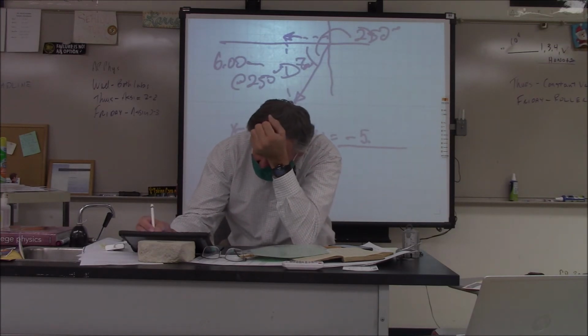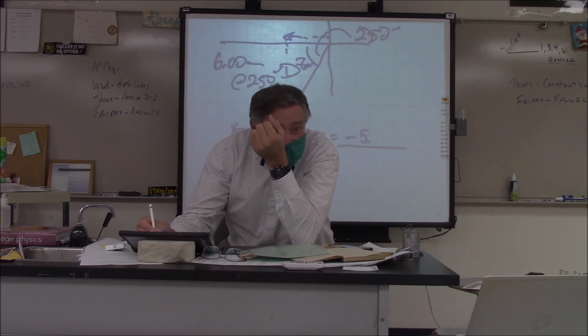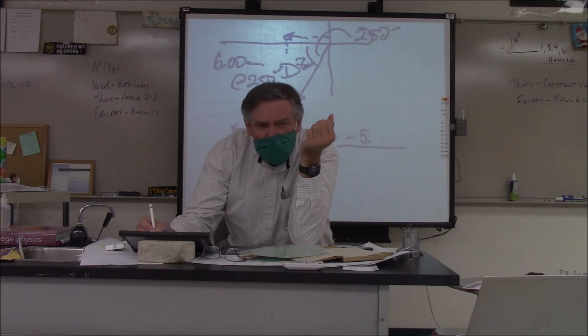Negative 5 point something. 2. Am I still wrong? Oh, this is awful. What'd you get? I got negative 5.63. Does it round up?